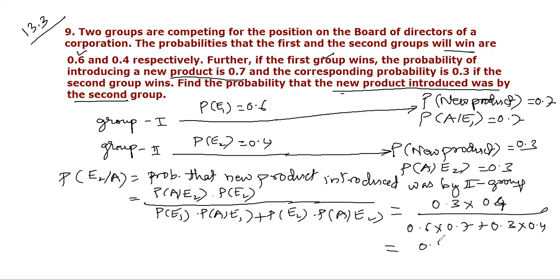So 0.12 divided by 0.42 plus 0.12. So 0.12 upon 0.54. So that is equal to 12 by 54 and 6 to the 6. So 2 by 9 is the required probability.